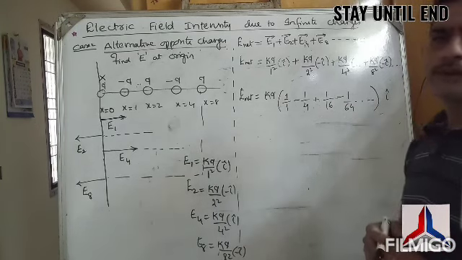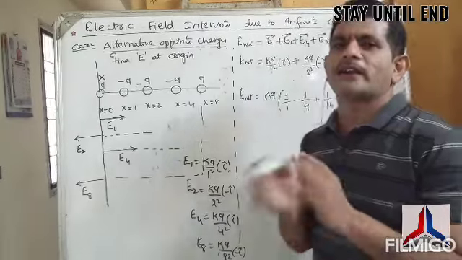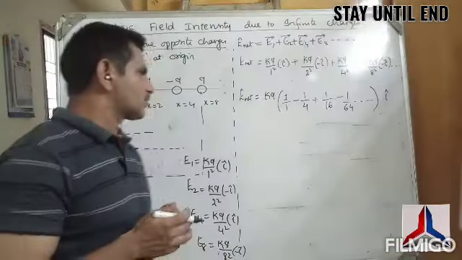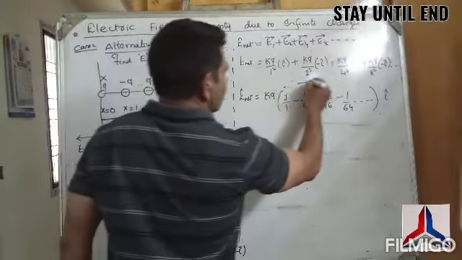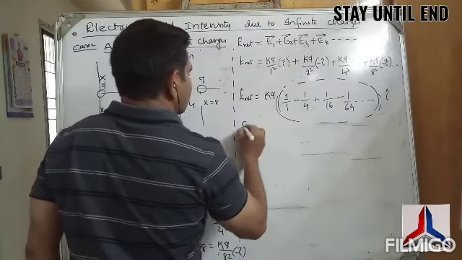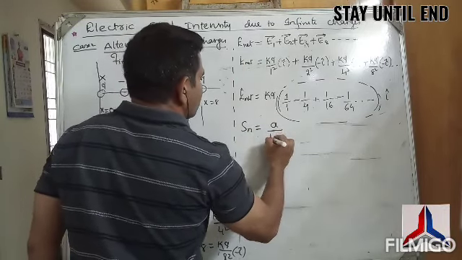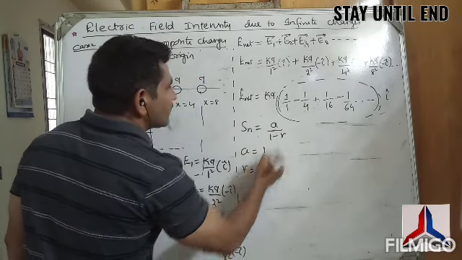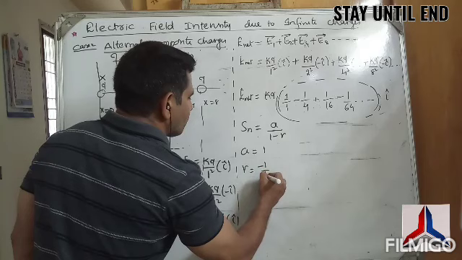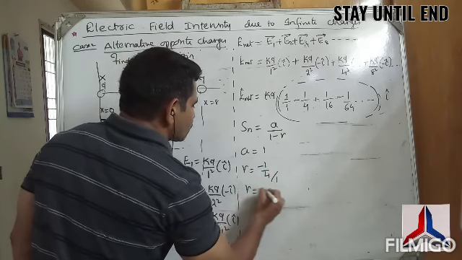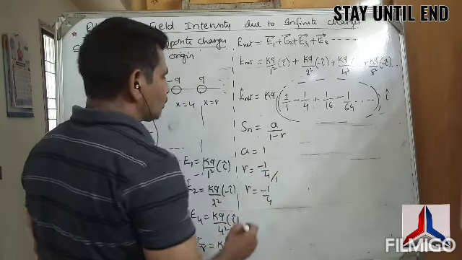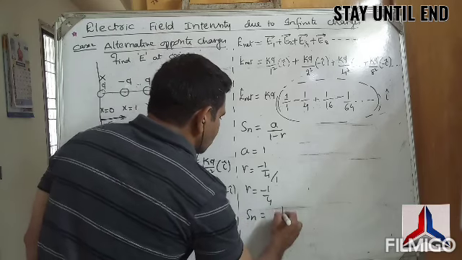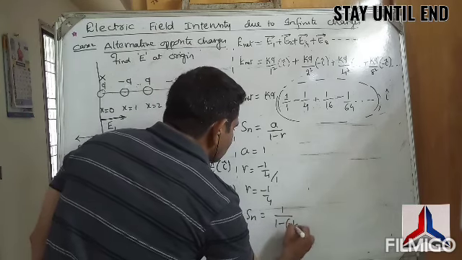This is also a geometric progression, but the only thing is that it alternates positive and negative like the previous question. So we have to calculate this sum. This sum Sn is equal to a by 1 minus r. a is the starting term, the first term, that is 1. r is equal to T2 by T1, minus 1 by 4 by 1, that is equal to minus 1 by 4. Put this value here, then Sn is equal to 1 by 1 minus minus 1 by 4.